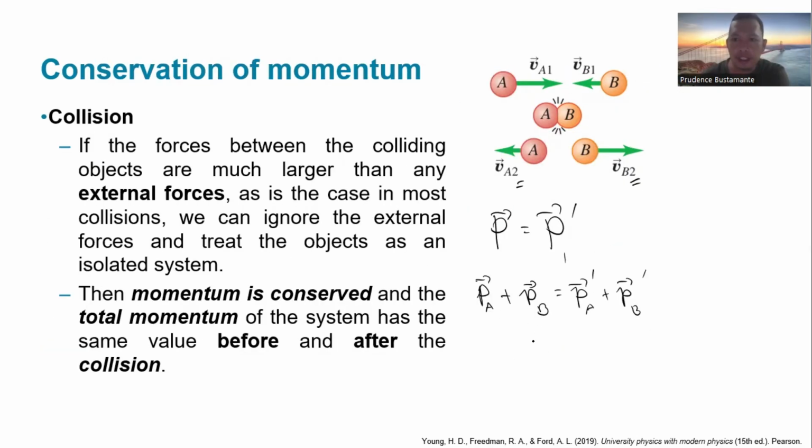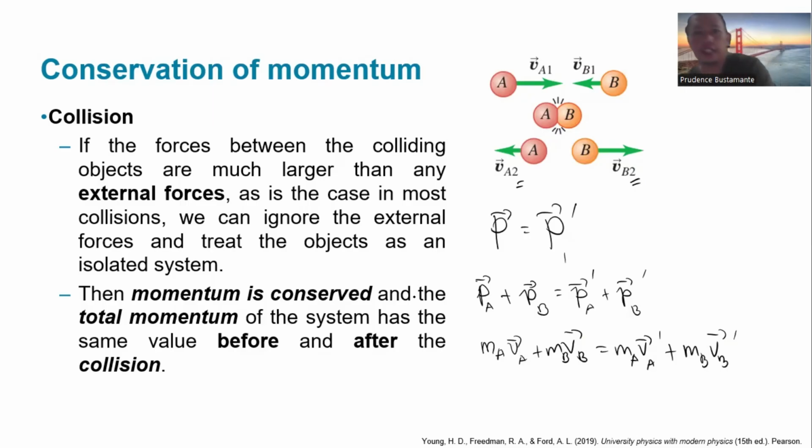So in any collision, you can use this: MA VAX plus MB VBX. We're not going to use the X component because we're going to use the vector form: MA VA plus MB VB is equal to MA VA prime, final, plus MB VB prime, final.